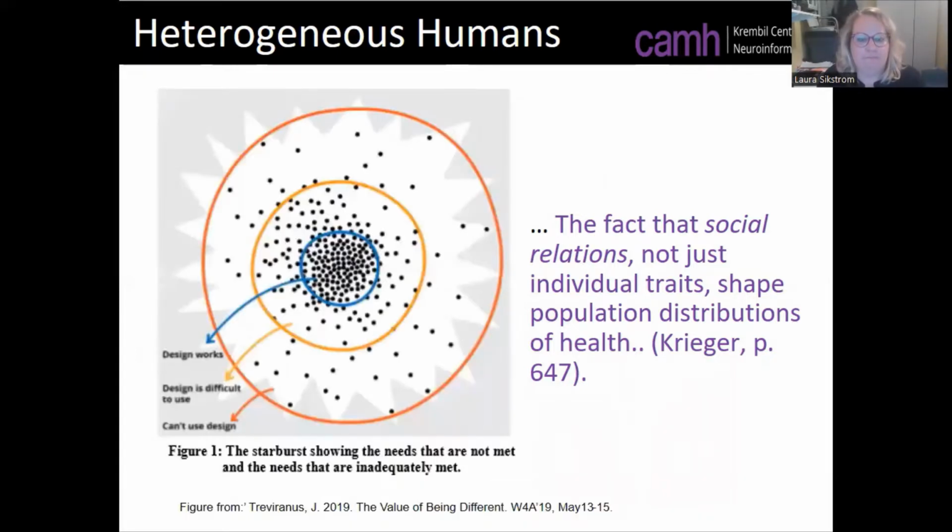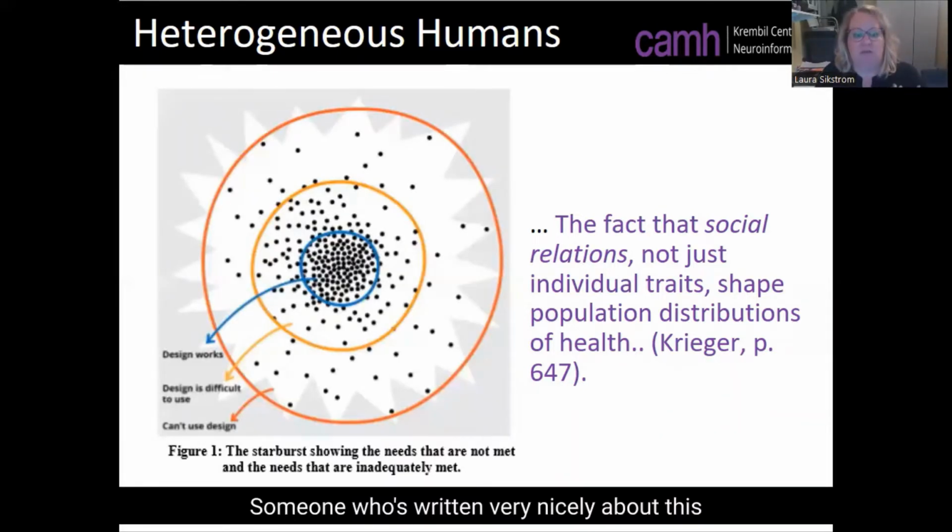Someone who's written very nicely about this in relation to machine learning and disability studies and design. You know, here's Quetelet's average man, but looked at from above. And one nice thing that Trewin points out is that the further you get from the mean, which is the center, the more heterogeneous the population gets.